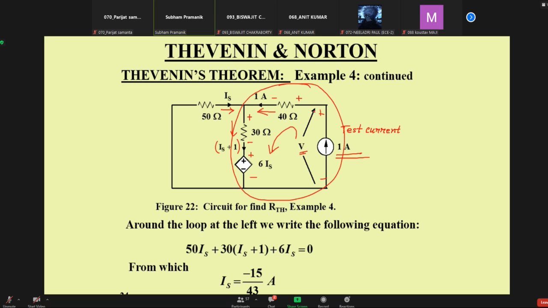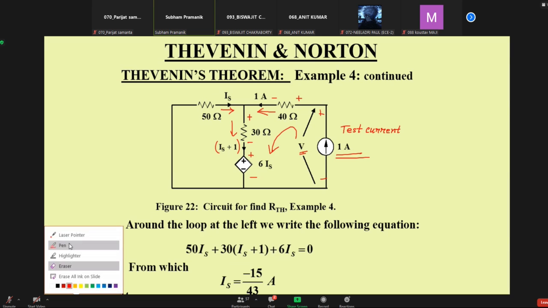So voltage V, as marked, is actually the sum of the other 3 voltages. The voltage across 40 is how much? 40, because through this only 1 ampere is flowing. So voltage here is actually 40 volt.